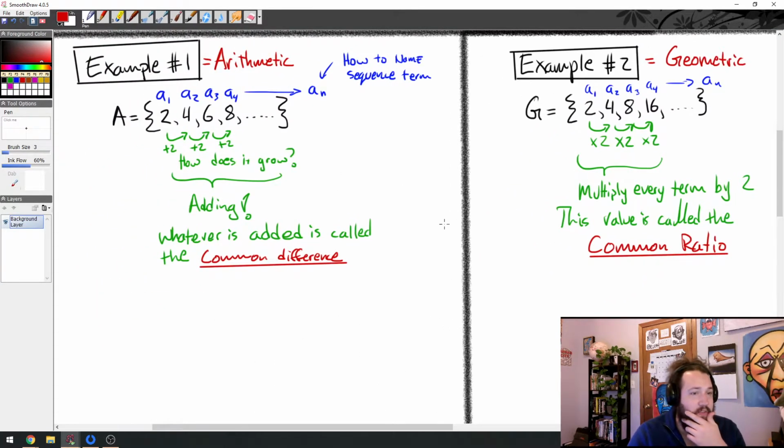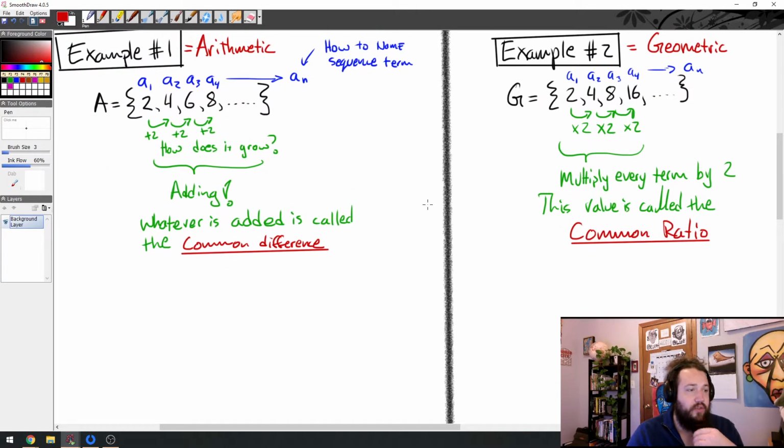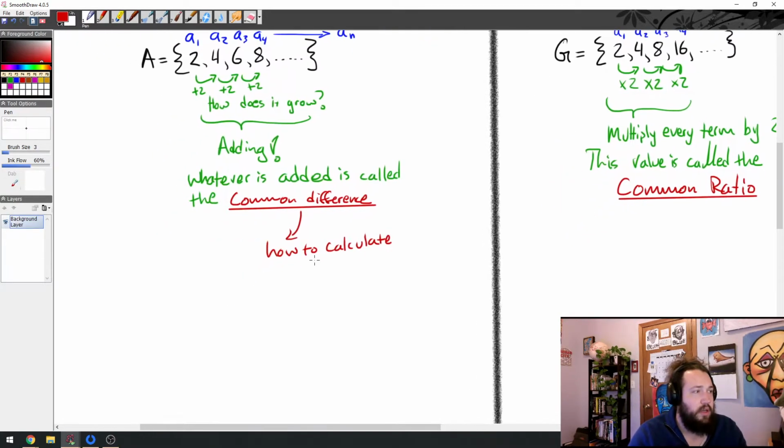Now, if you wanted to know how to calculate the common difference, all you have to do is take a new term minus an old term, and that will equal my common difference.